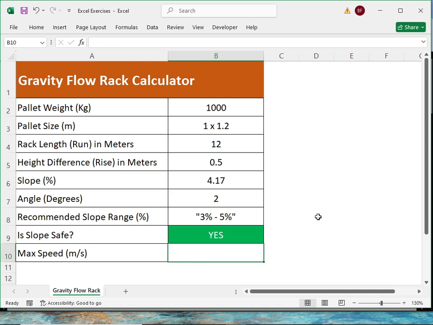Now the next thing that I'm going to do is the maximum speed.